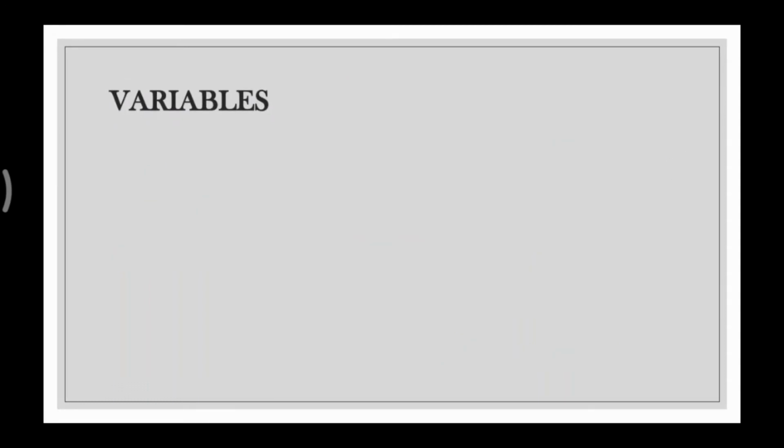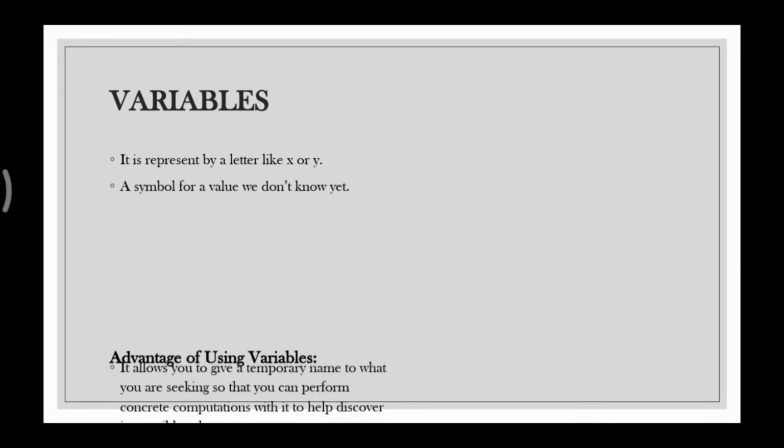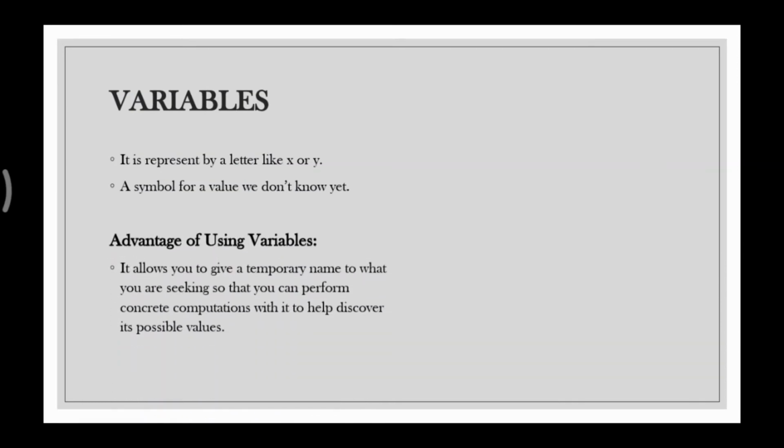Variables. It is represented by a letter like x or y, a symbol for a value we don't know yet. The advantage of using variables is it allows you to give a temporary name to what you are seeking so that you can perform concrete computations with it to help discover its possible values.